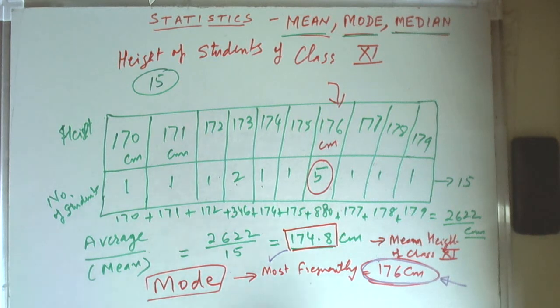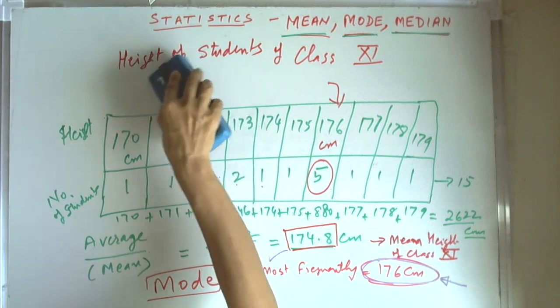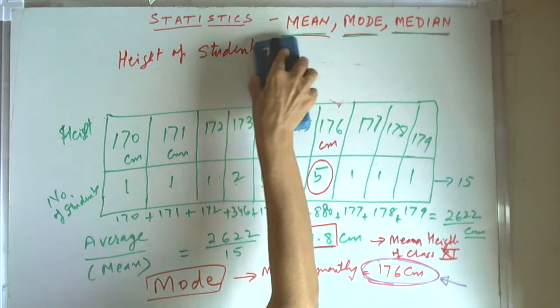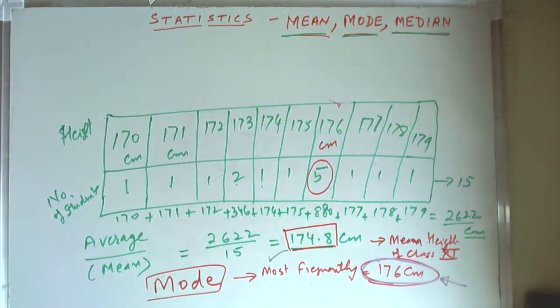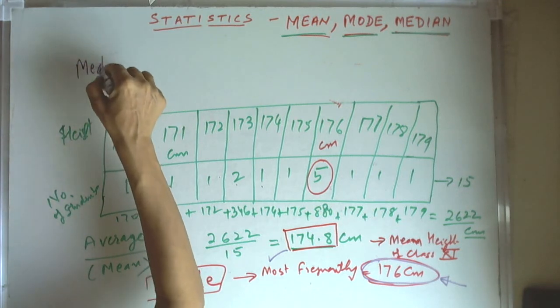So in this case, if we arrange all the students and then we see, I will have to now rub this portion, or let me see here. So I still have some space here. So we use the space above for understanding median. I'll take this color pen. तो मीडियन के लिए हमें क्या करना होगा?